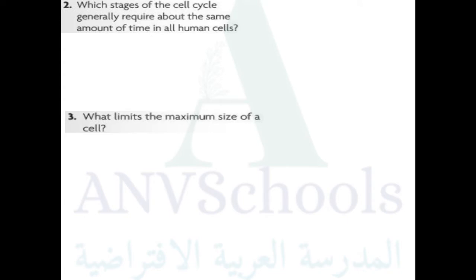Question 2 asks, which stages of the cell cycle generally requires about the same amount of time in all human cells?